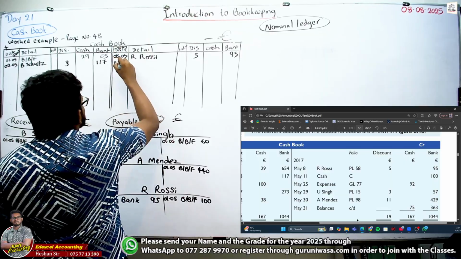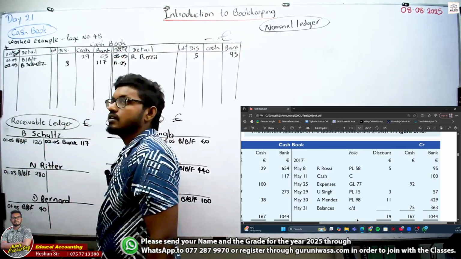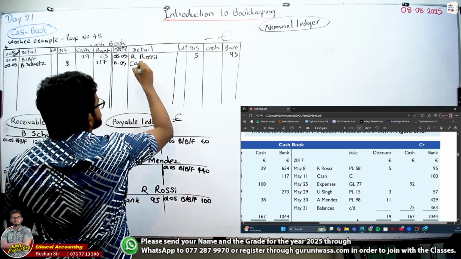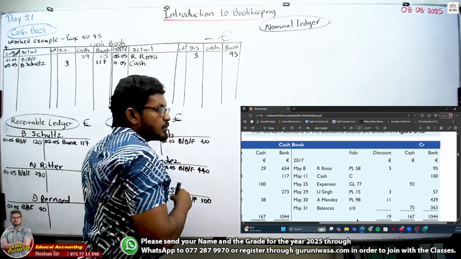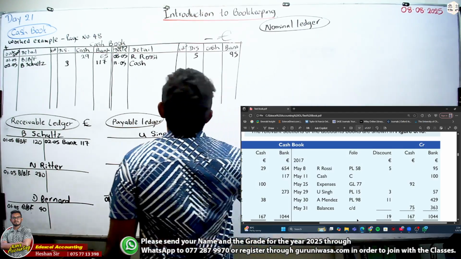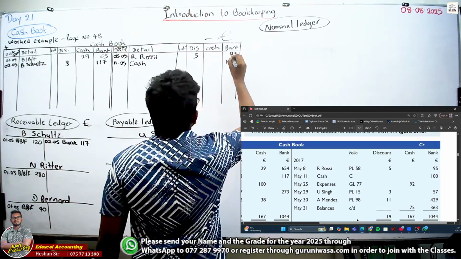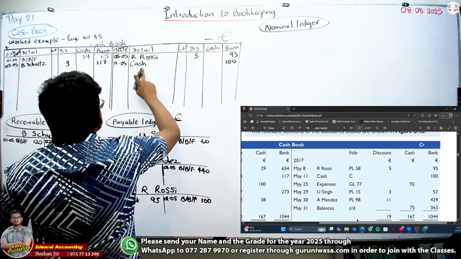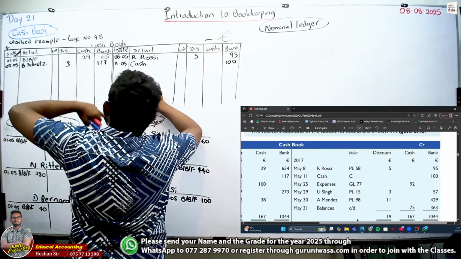11th of May, right? In here we write cash. The value is 100. So bank asset decrease. In the detail column we write where the debit entry is. Debit entry is in the same cash book, this side.